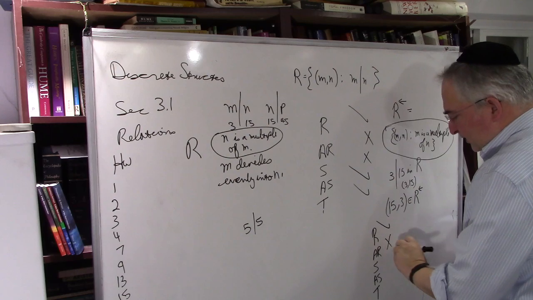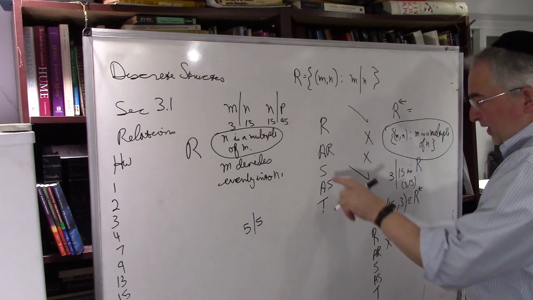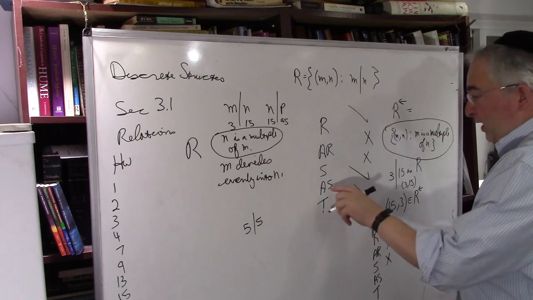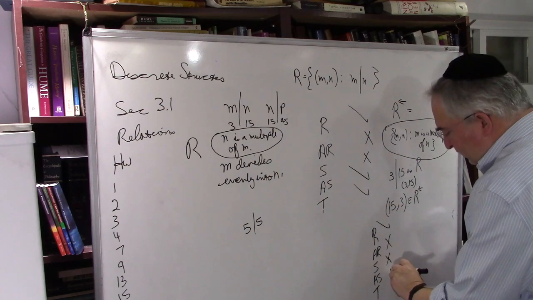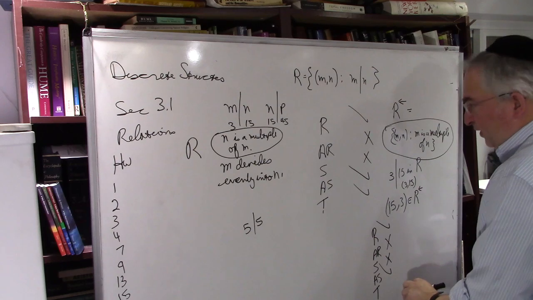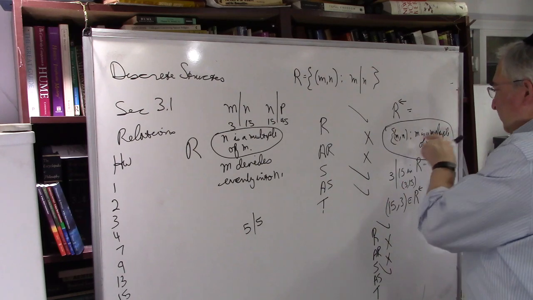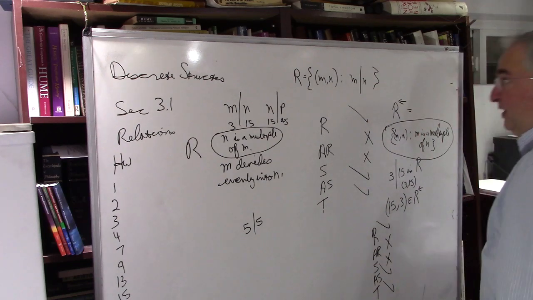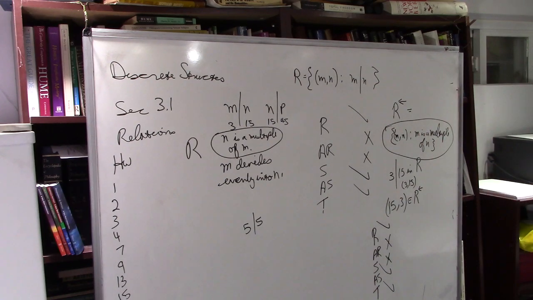It's not symmetric, and if you switch them around, they're still not symmetric. Is it anti-symmetric? Yes, it is. Is it transitive? Yes. Let's go through it. If m is a multiple of n and n is a multiple of p, so yes, it works. Okay, so that was number 7.